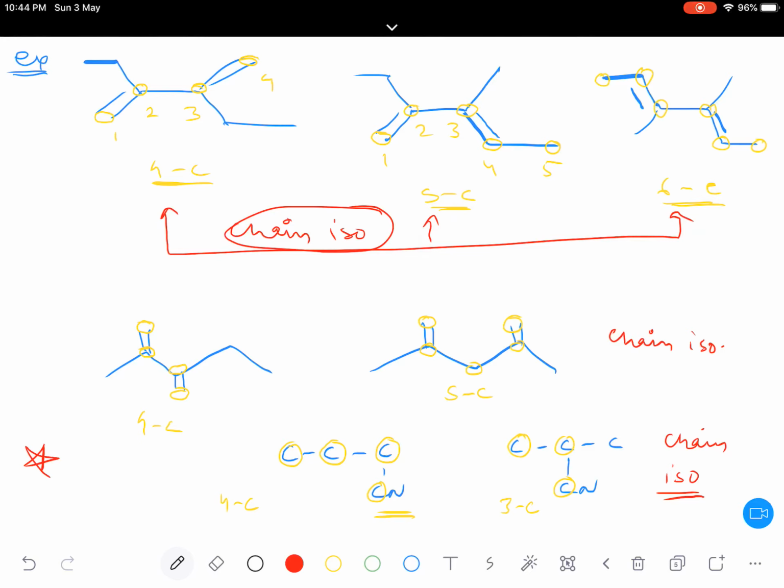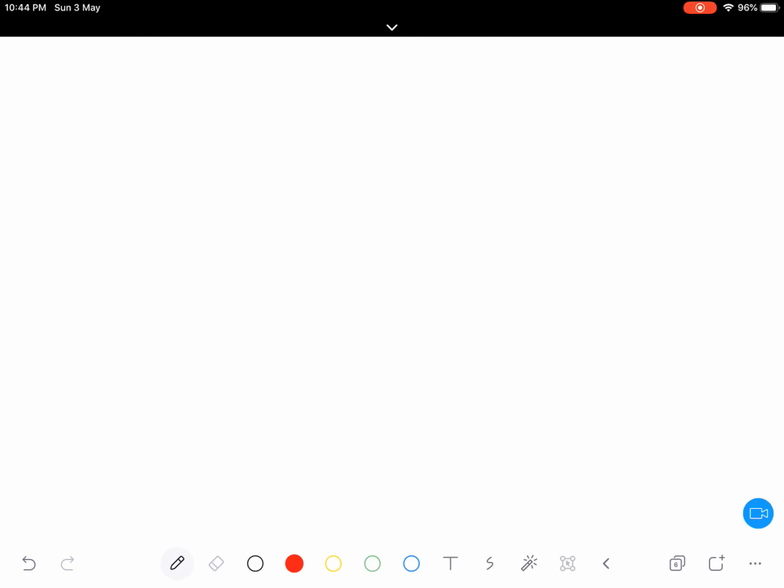Clear? Now I'll give various other examples, with the help of which you can do the same. I'll give you questions, try to solve them, and try to figure out whether chain isomerism will be there or not.